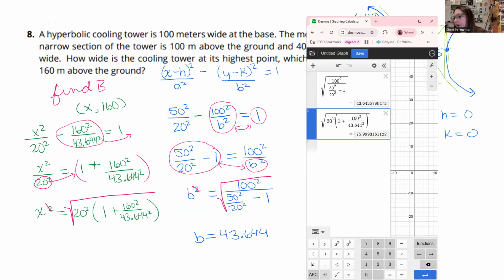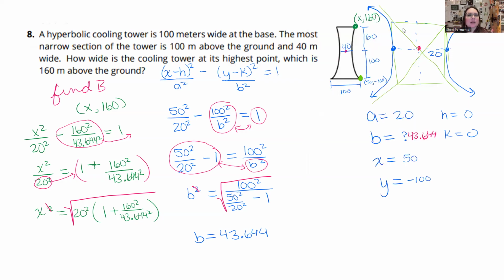Why did I get a different value when I worked it out? 75.999. Oh, I know why. I know what I did wrong. If this is our center, if this is at 0, how far up are we going?